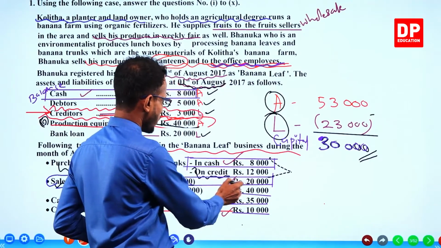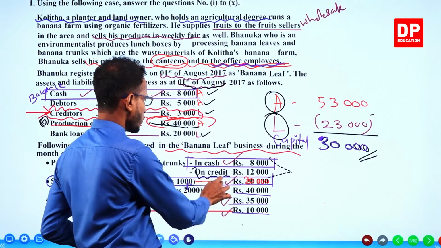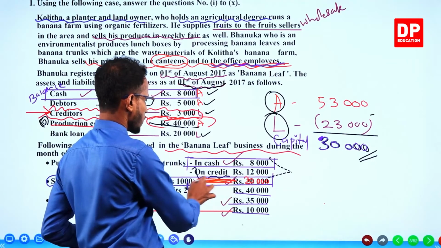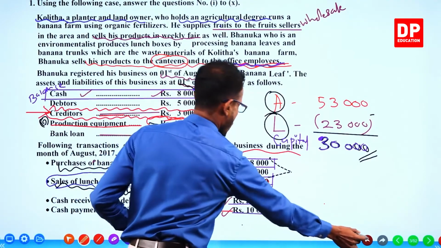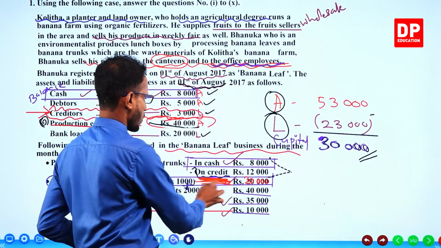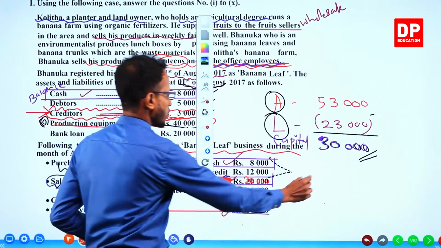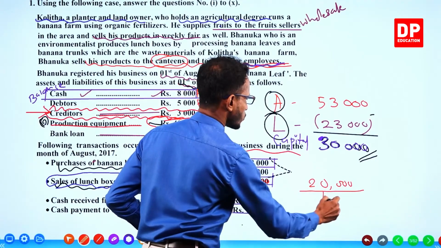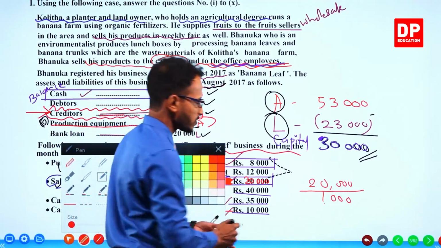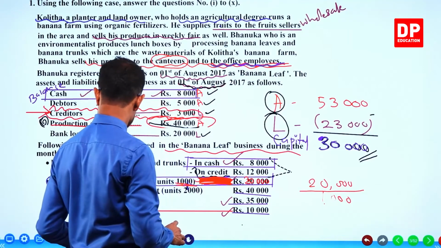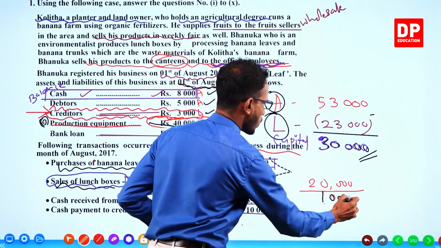For 20,000, children, if 1,000 units are sold, 20,000 divided by 1,000 units, you get how much? 20 rupees.